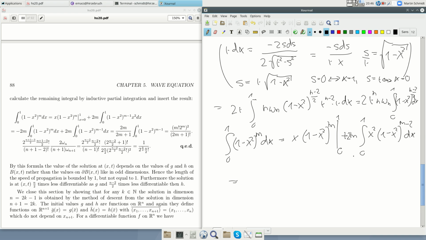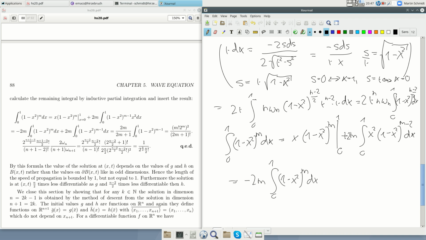This was partial integration. Now we only have this term, but this term we may write as minus, x squared minus 1 plus 1. And x squared minus 1 is of course the same as minus 2m integral from 0 to 1 of (1 minus x squared) to the power of m dx.